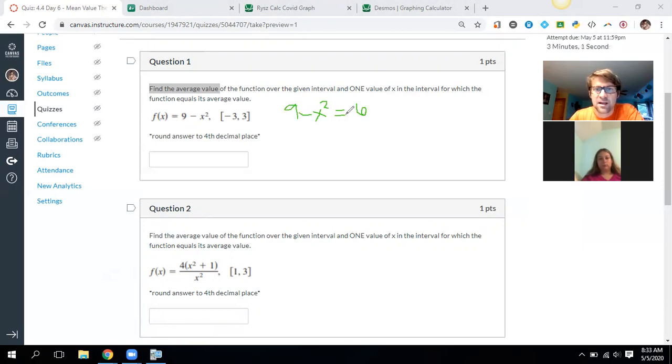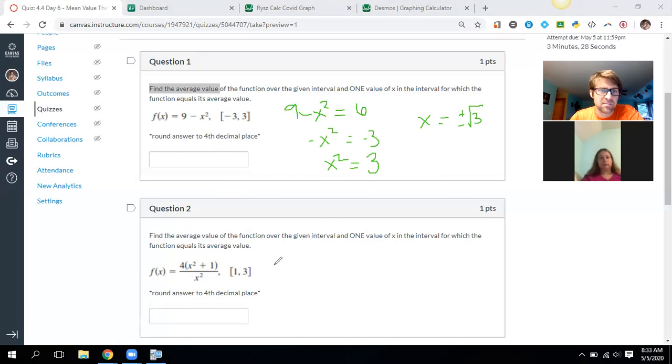We can subtract 9 over, so we get negative x squared equals -3. That means x squared would have to be +3, so x is plus or minus the square root of 3.